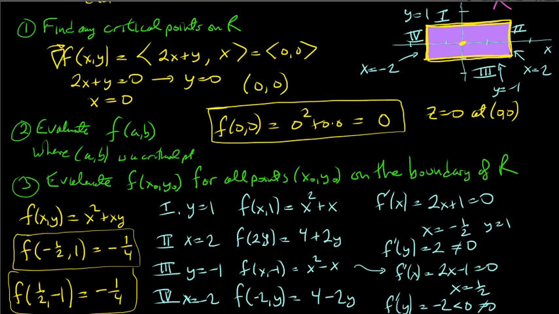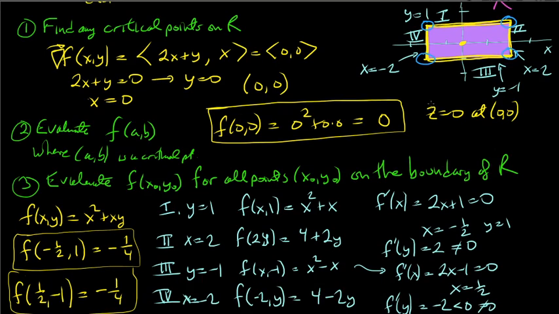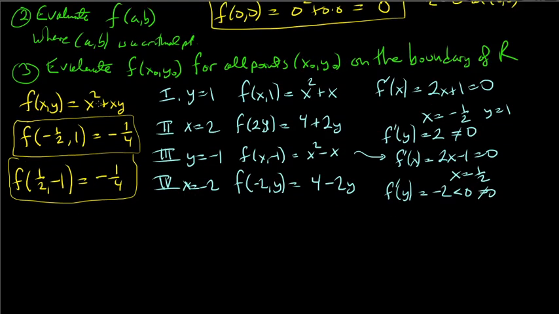But here's the one thing we did not look at carefully. The 4 corners. These points here. So those are also on the boundary. So we have to evaluate f at the 4 corners. Right.